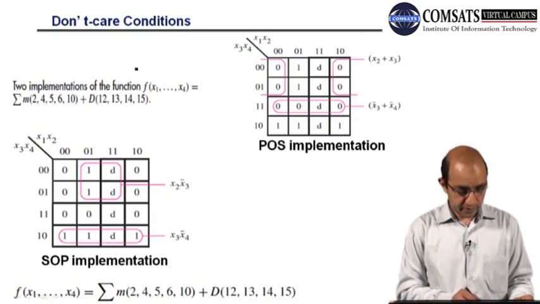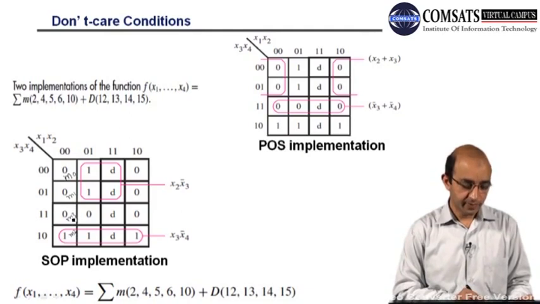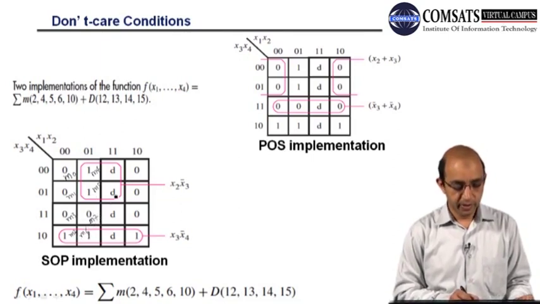So if I have to write, I will write m0, because I will be moving m1, then this is m2, this is m3. Then I will move here, m4, and this is m5, and this is m6, and this is m7. So these are the minterms.